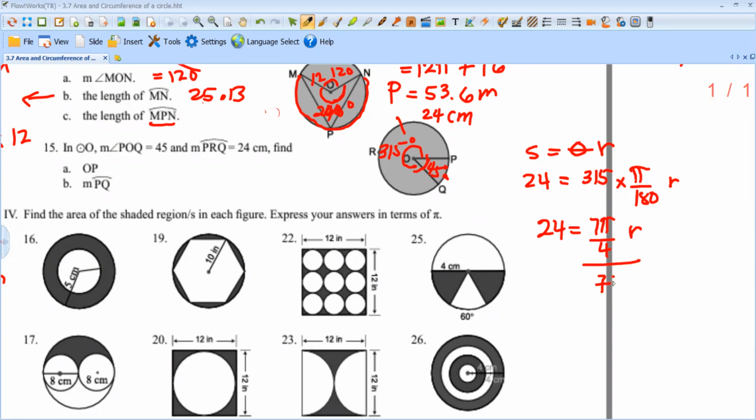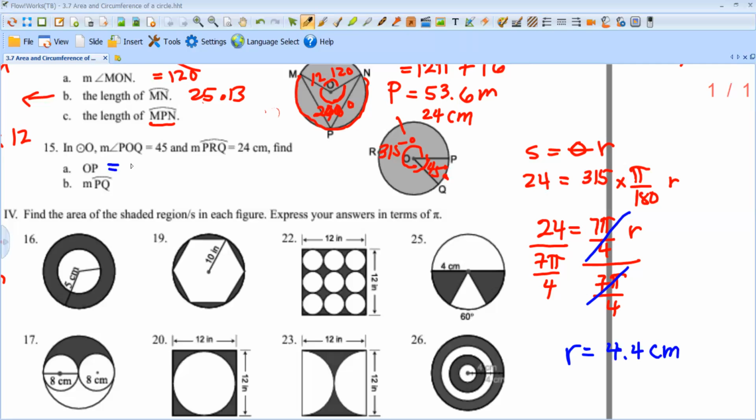So divided by 7 pi over 4, then you have to cancel out. So the radius therefore is 24 divided by 7 pi over 4, which is equal to 4.37, or 4.4 centimeters. That is the radius.